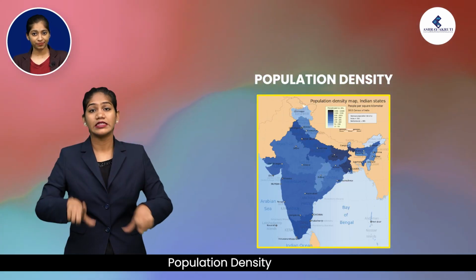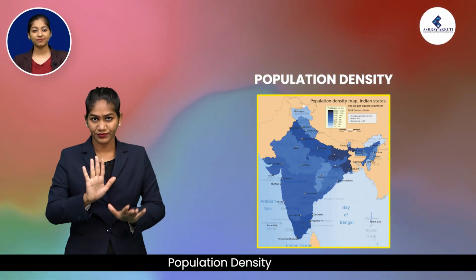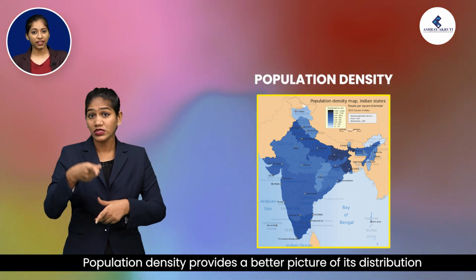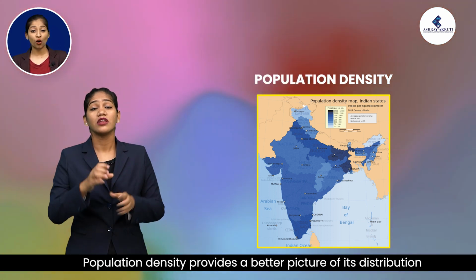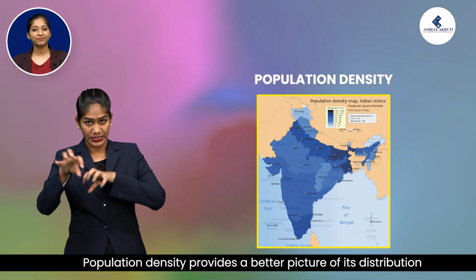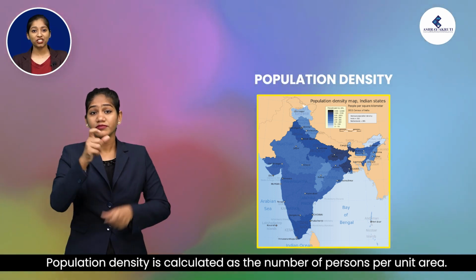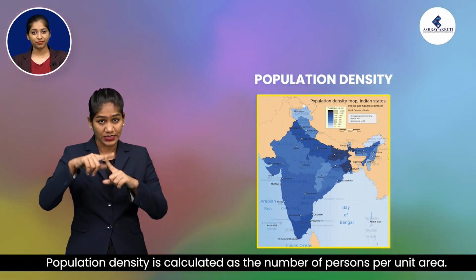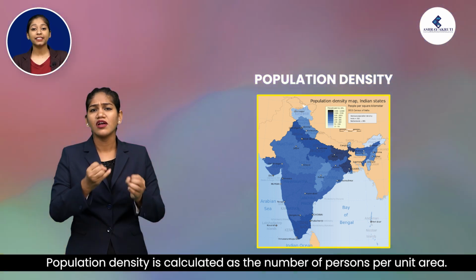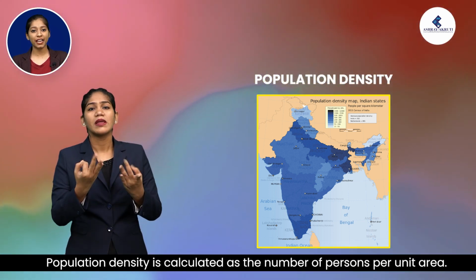Population density. Population density provides a better picture of its distribution. Population density is calculated as the number of persons per unit area.